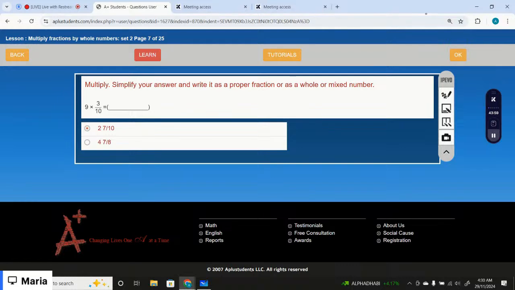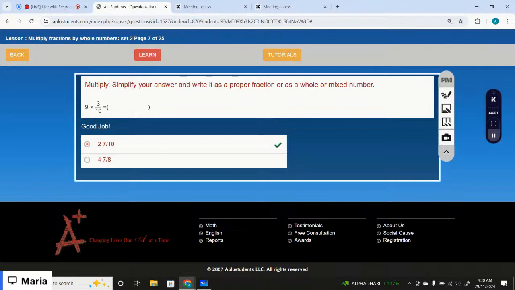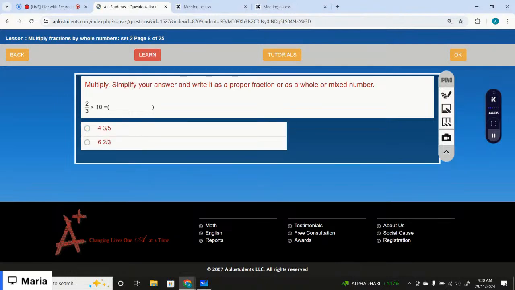Option number 1 is the correct option. 2 by 3 times 10, which is the correct option?